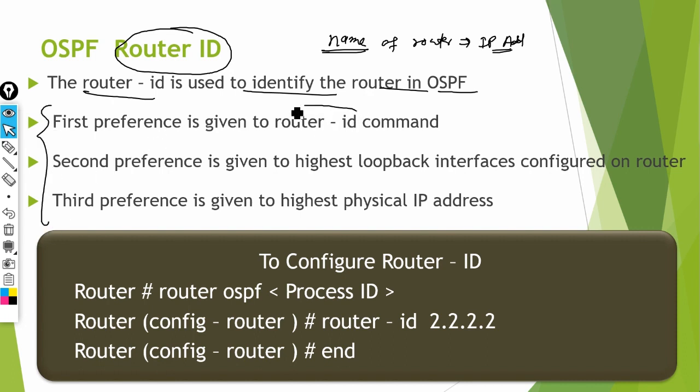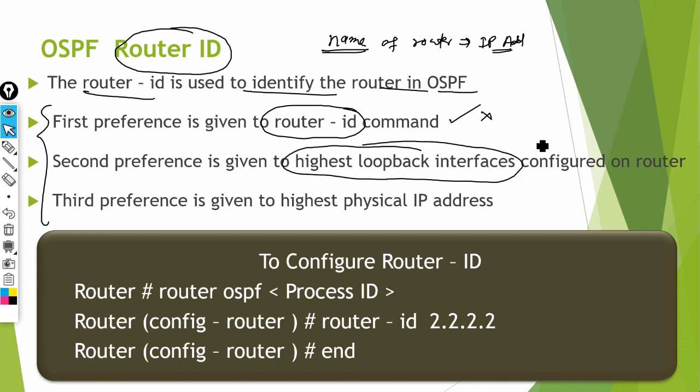First preference is given to the router-id command, if you configure it. Second preference, in case you haven't configured it, it will check the highest loopback IP address, which will become the router ID. If a loopback is not configured, then it will check the highest physical IP address and make that the router ID.